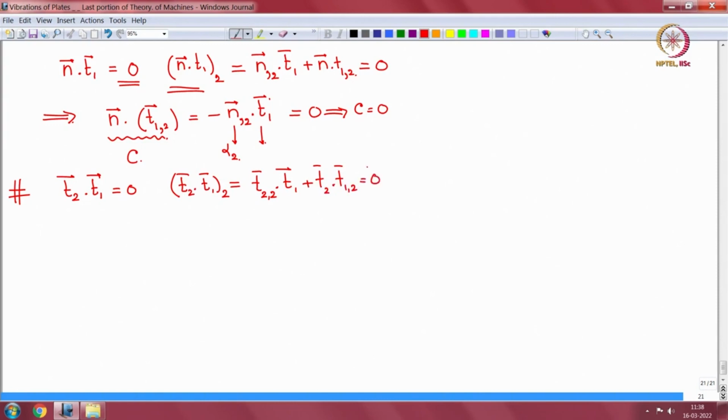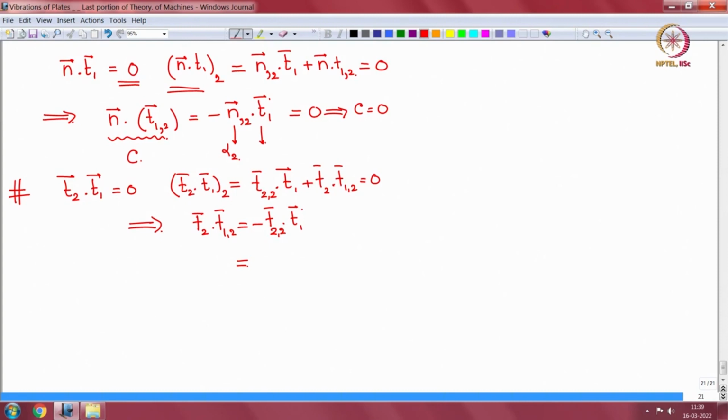That is again 0, because this is already 0, which means what? This implies that T2 dotted with T1 comma 2 is the negative of T2 comma 2 dotted with T1.